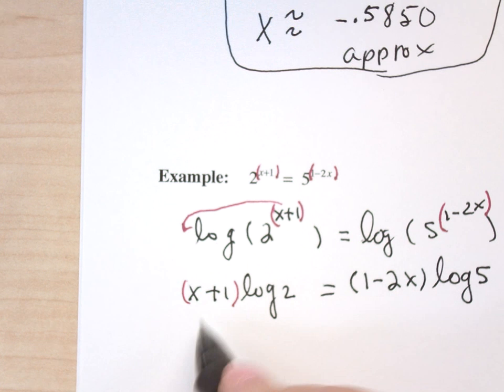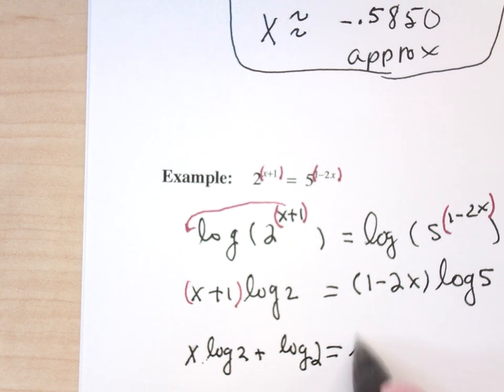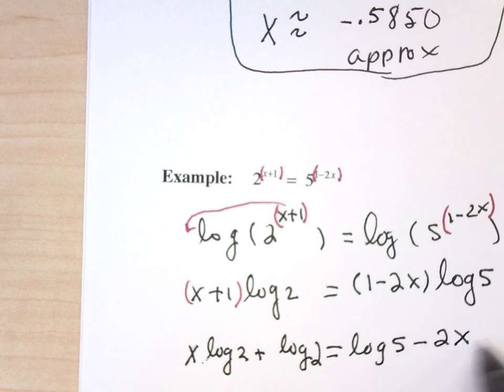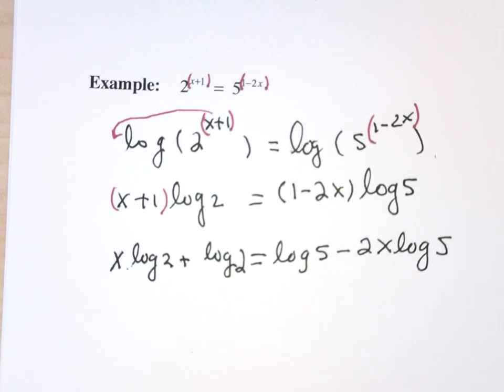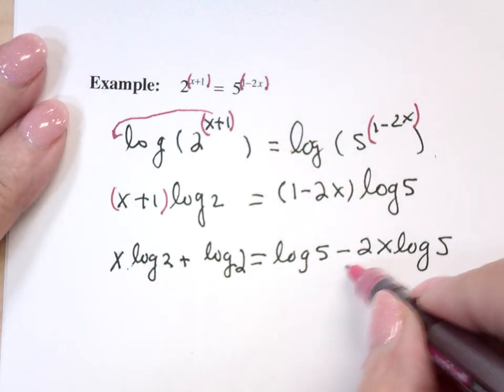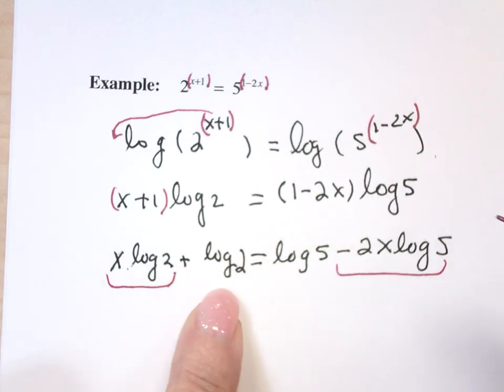Distributive property would say that this is x log of 2 plus 1 log of 2 equals 1 log of 5 minus 2x log of 5. Like in solving any equation, you move any term that has an x to one side and anything that doesn't have it to the other side.